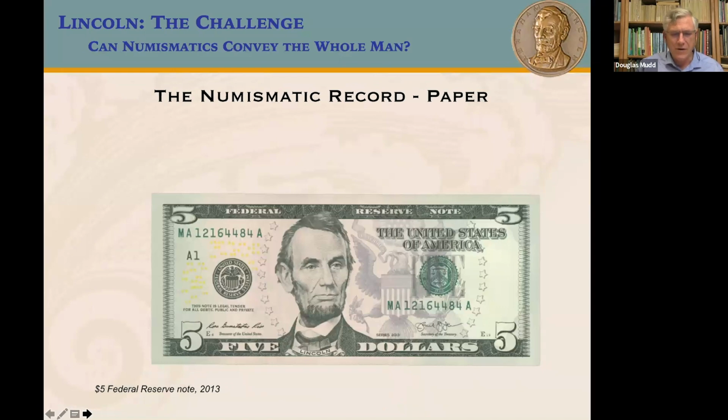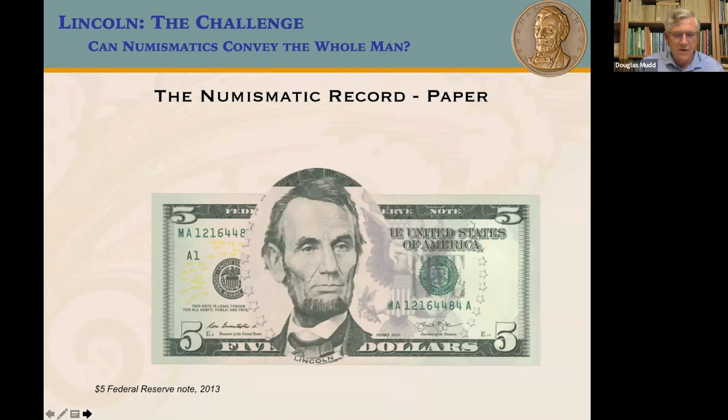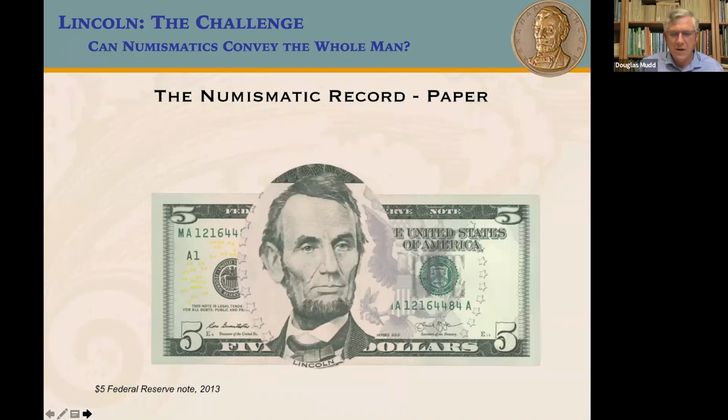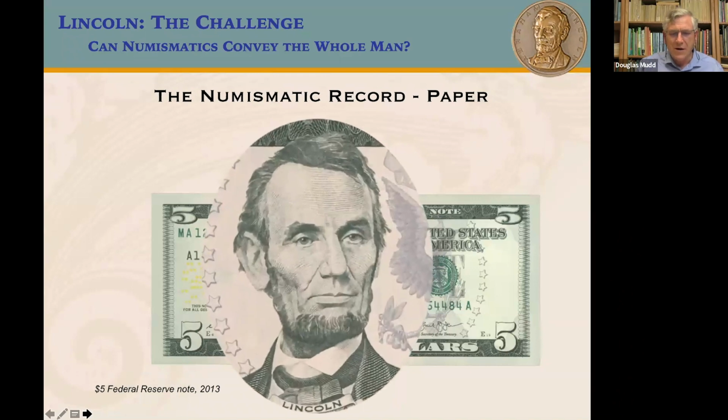And then the most recent that I have of the portraits, the Federal Reserve note, $5 note of 2013. And here, again, the portrait has been changed a little bit, roughly similar, but you get the sense here of a neutral portrait, not giving away a lot.